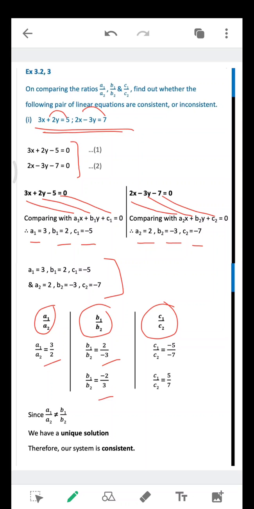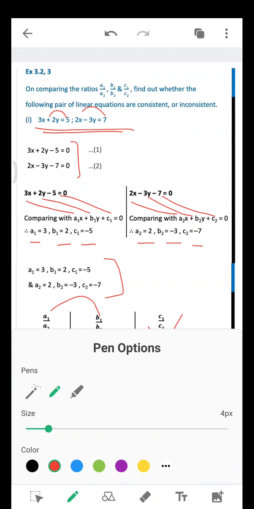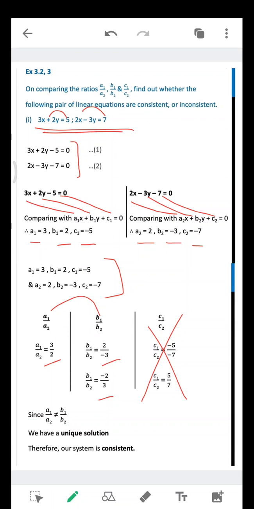Now, looking at these two values, we will not go to c1 by c2. First you should look at a1 by a2 and b1 by b2. Are these two values equal? Here I am getting 3 by 2 and here I am getting minus 2 by 3.